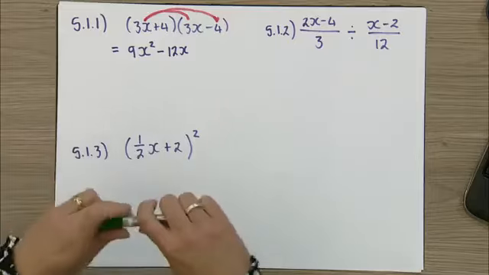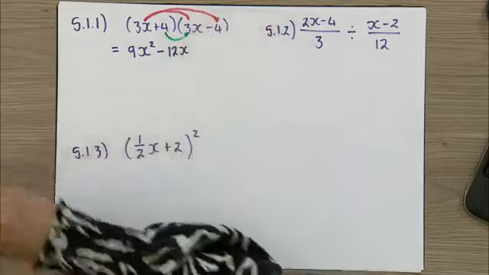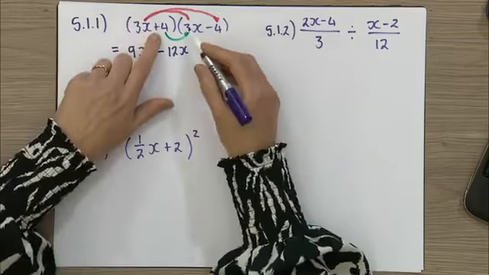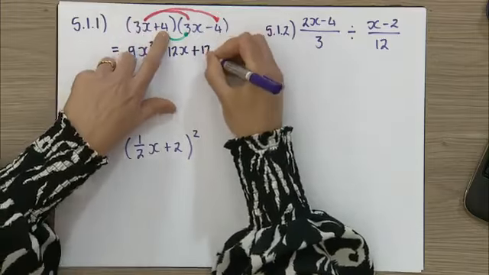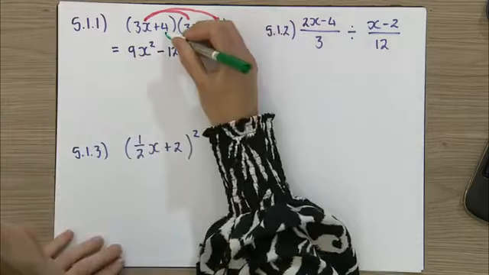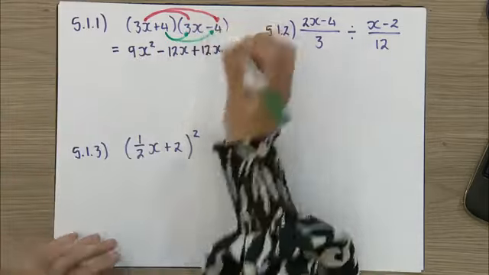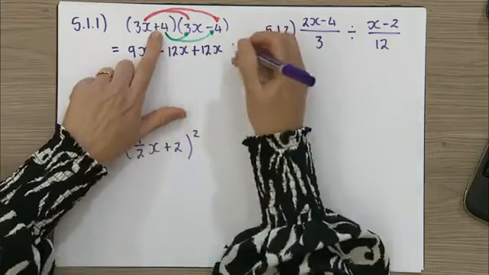Next step, positive 4 times 3x. Positive times a positive is a positive. 4 times 3 is 12, x. Last step, positive 4 times negative 4. A positive times a negative is a negative.